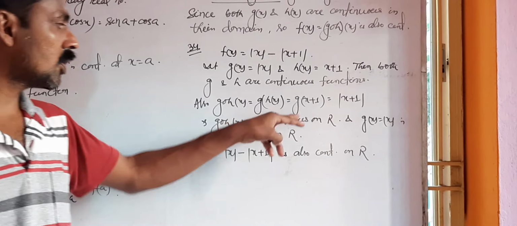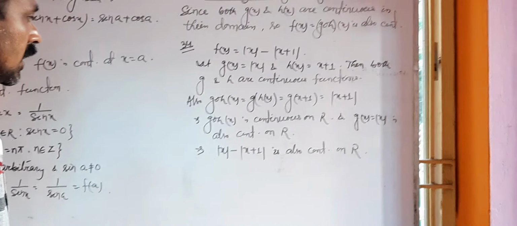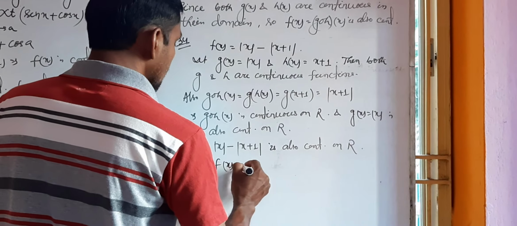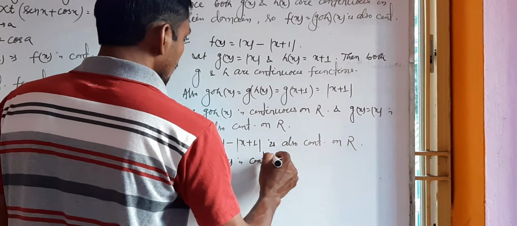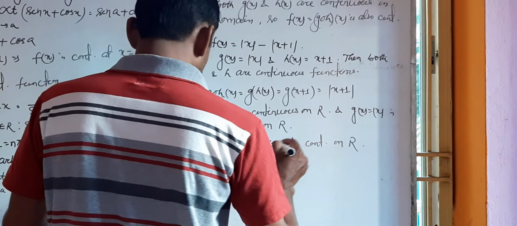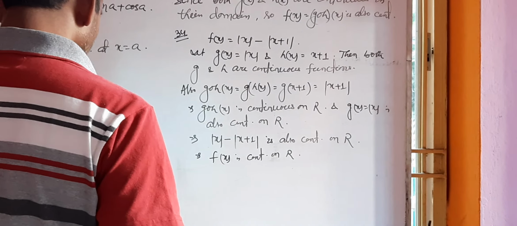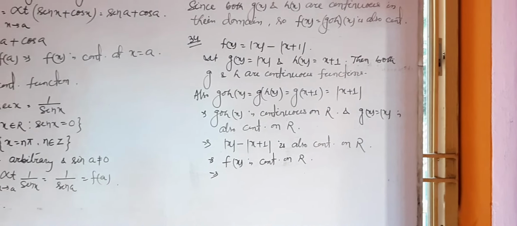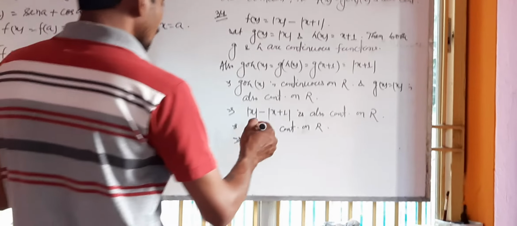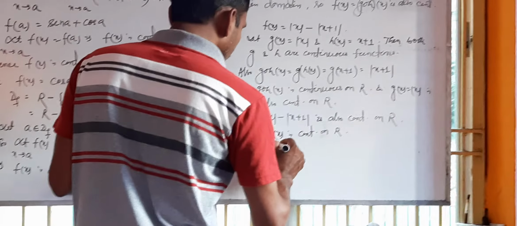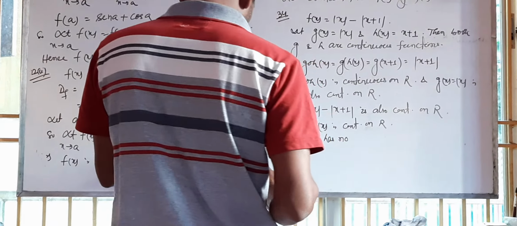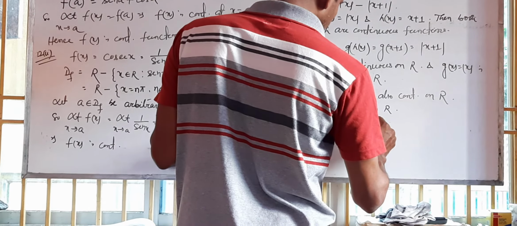So since these two are continuous, their difference is also continuous. This implies f of x is continuous on R. So we have to find the points of discontinuity. Here you can say the function f has no point of discontinuity.